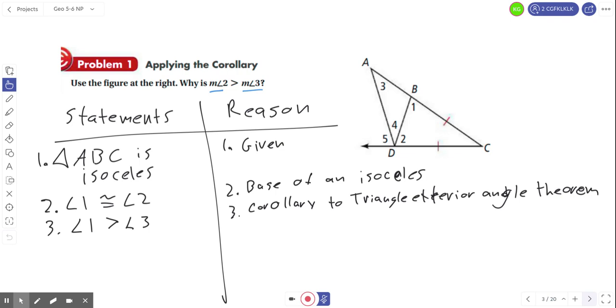And finally, I can say that because I know 1 and 2 are congruent, I can substitute 2 in for 1. So I can switch those out. They're congruent. So angle 2 is greater than, I always forget to write my m's, measure of angle 2 is greater than measure of angle 3.